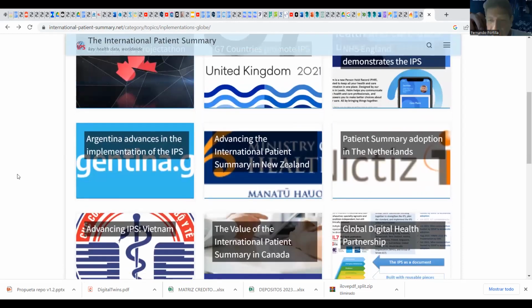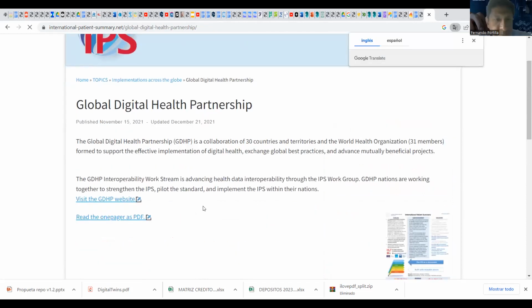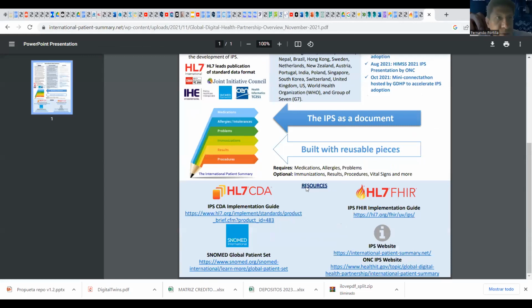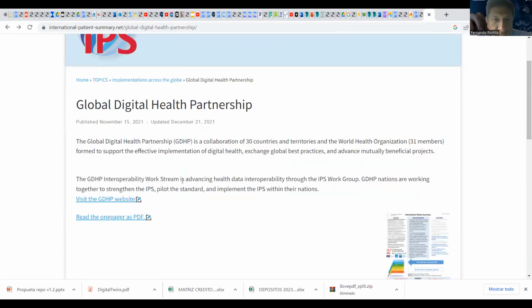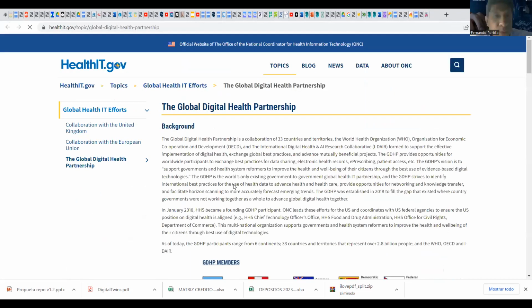One around here, which I believe is very interesting, is this particular one, the Global Digital Health Partnership. If I'm not mistaken, this is the HL7 group. Yes, this is it. It's interesting.